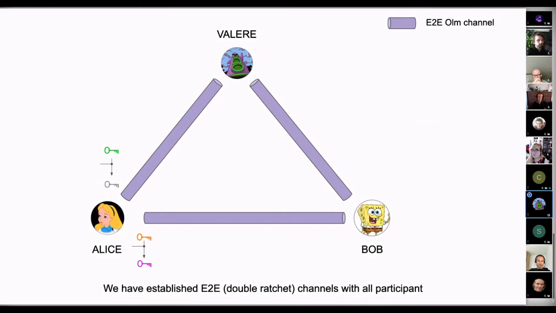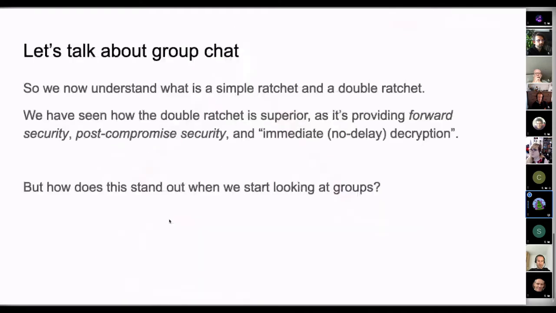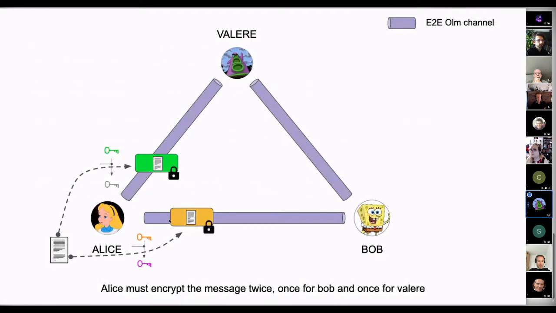And now if I'm Alice and I want to send a message to that group, with this setup, I will have to encrypt the message twice. I will have to send it first once to Valere and the other time to Bob, because that's how the E2E channel works.